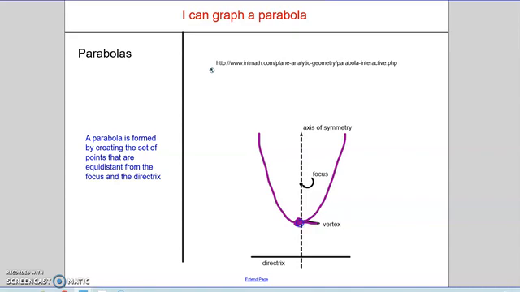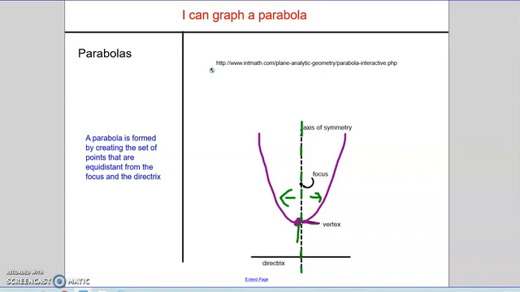Then one of the things you also learned in algebra and last semester was that these parabolas have an axis of symmetry. And so anything on this side of the axis is symmetrical to any point on the other side. So we have a vertex, which is this lowest point here, and then an axis of symmetry.